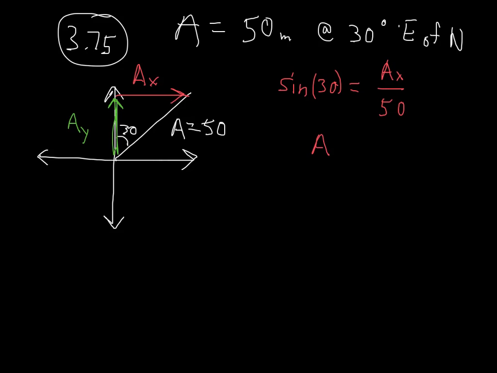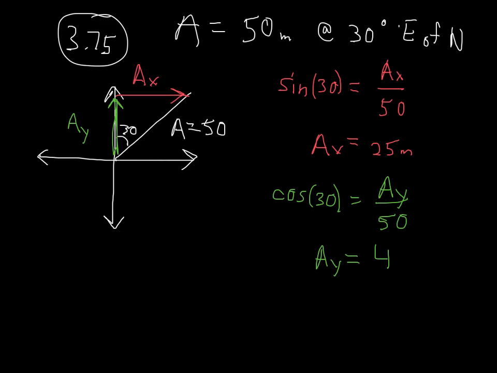So I get that AX is equal to 25 meters. And then I do the cosine, adjacent over hypotenuse. Looks to me like it's AY over 50. So I find that AY is equal to 43 meters.